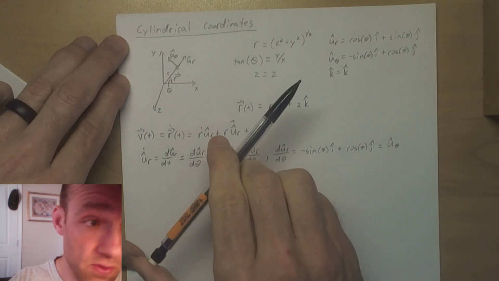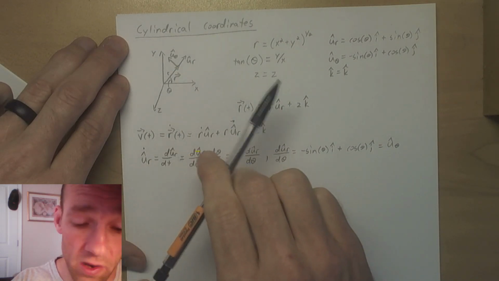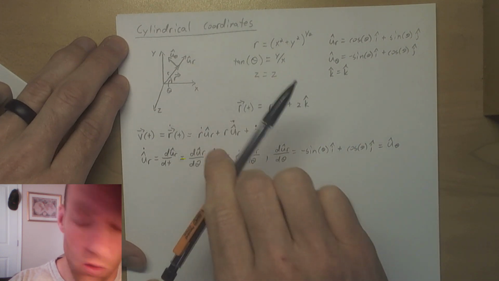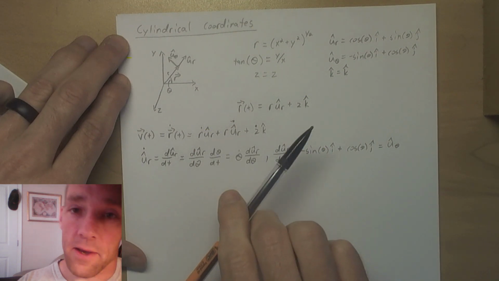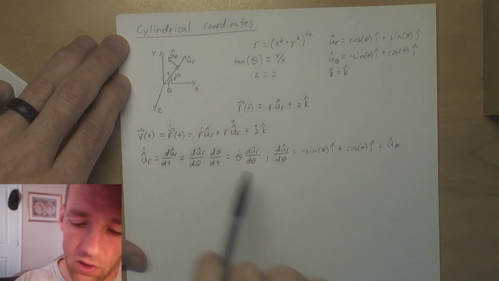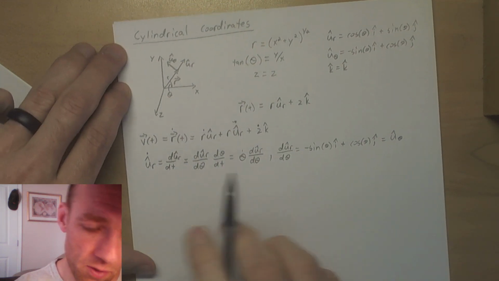That makes sense, because u sub r only changes direction, and its direction is always related in this way to the theta coordinate. So intuitively, you can make the connection just from the picture.